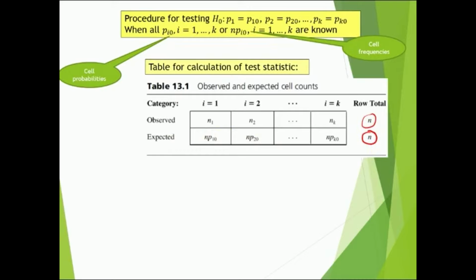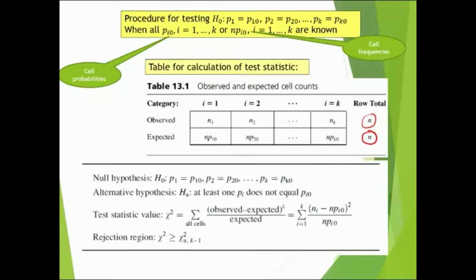So there's your null hypothesis. Your alternative is that at least one of the proportions does not equal the specified value. For your test statistic value, you can add a row here: look at N1 minus NP1 under the null hypothesis, squared, divided by NP1 under the null hypothesis. If you add that all up, that will be your chi-square value.